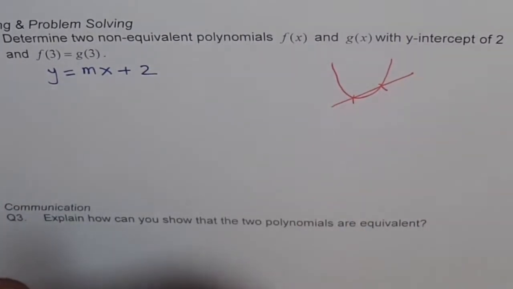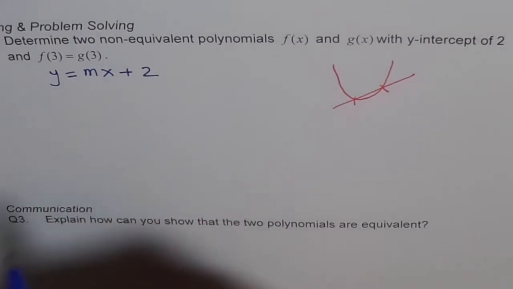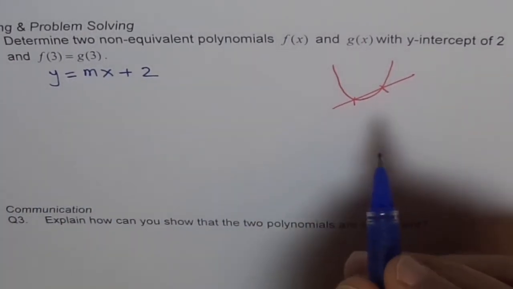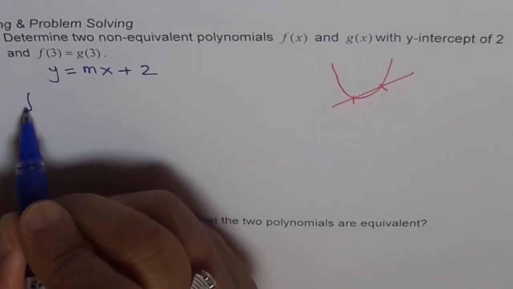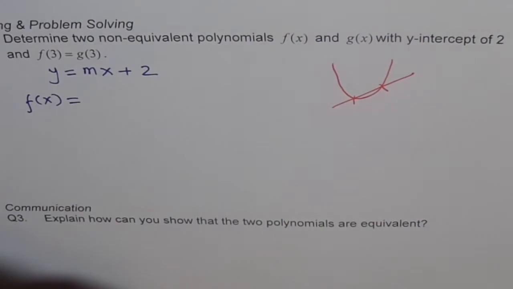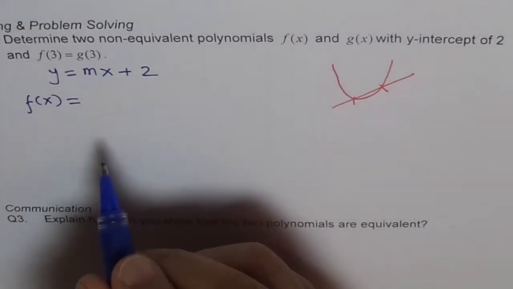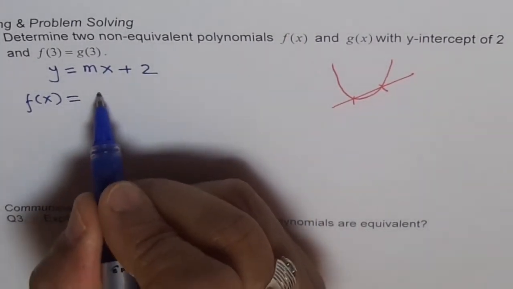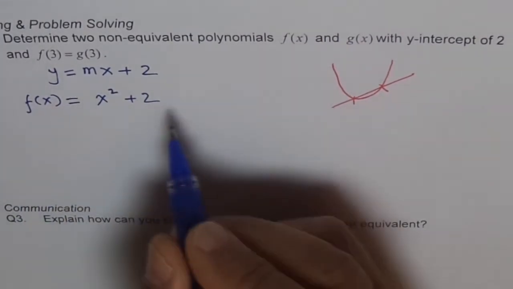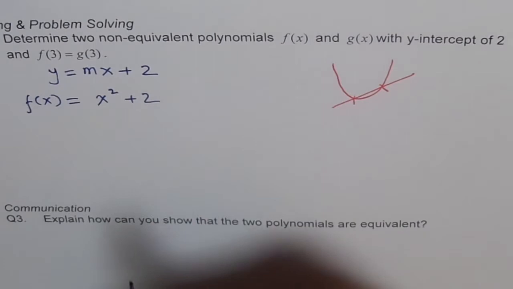Let this be my straight line, correct? Now the other is a parabola. So let me write that parabola as f(x) equals x squared plus 2. Because 2 is the y-intercept, x could be anything.